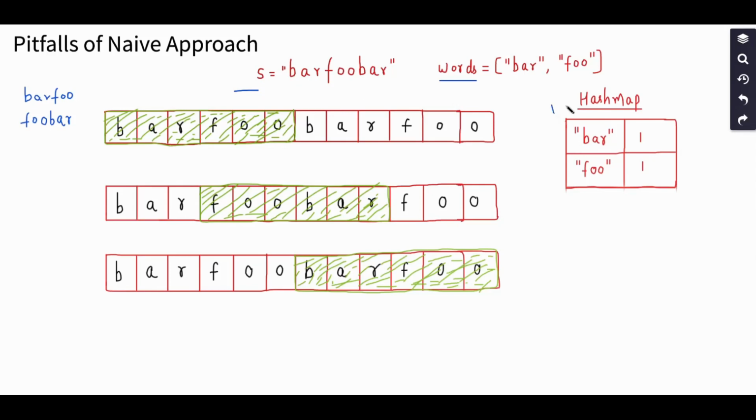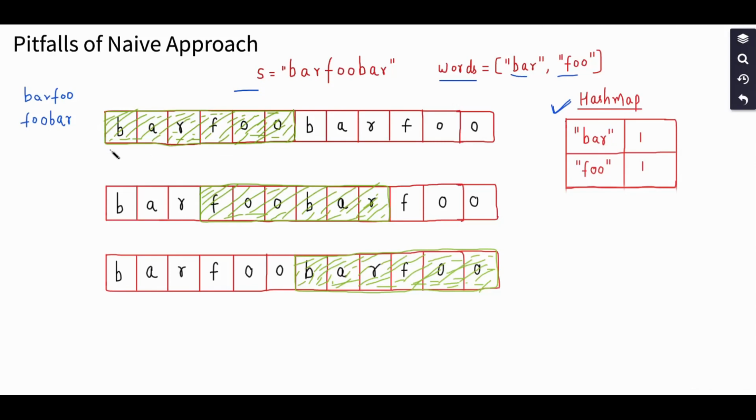So this is the hash map. Okay, so if you're not getting why we are building this hash map, then make sure to watch the previous solution where I discussed the naive approach to solve this problem. So I have this hash map where I have my entries of these words. Then I start traversing my parent string.